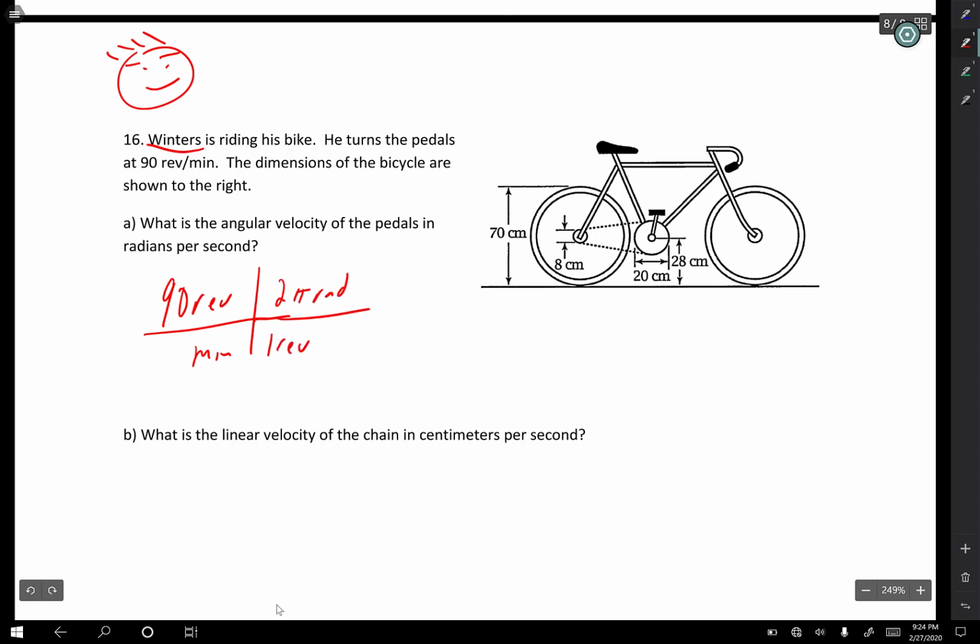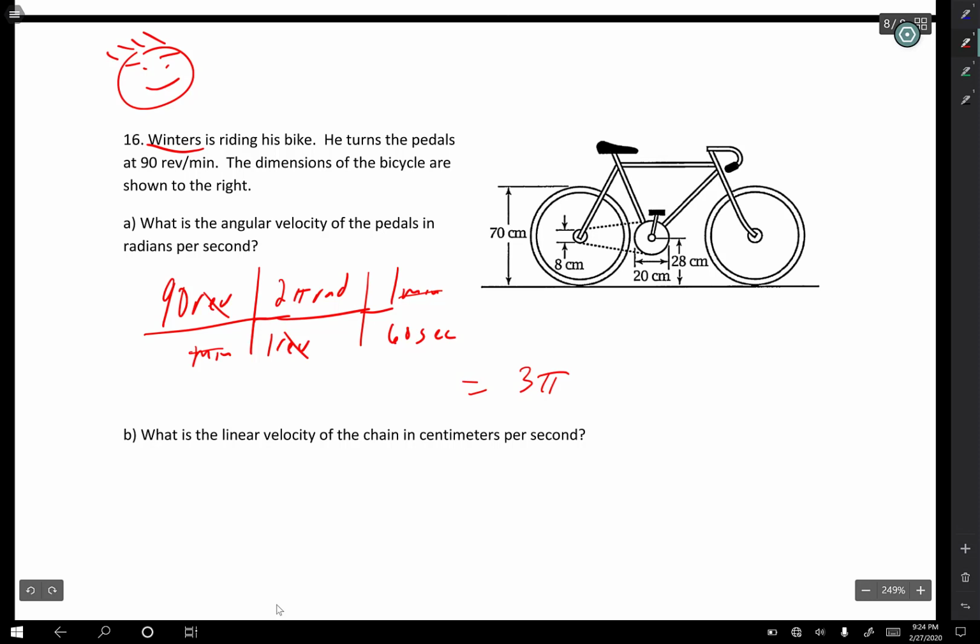So there it is. I have radians per minute, but I want radians per second. So in 1 minute, you have 60 seconds, and then that's it. I need my little calculator. So I'm going to go 90 times 2 pi, enter, divided by 60, and I get 3 pi.